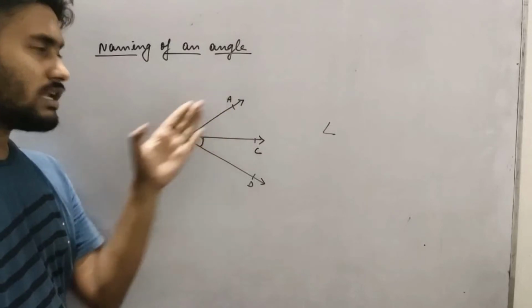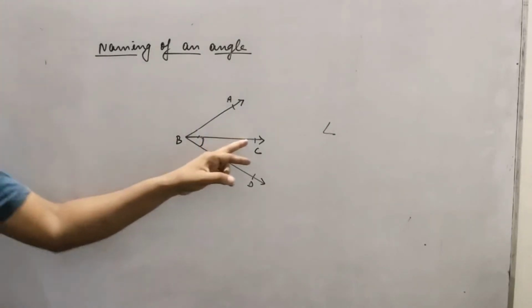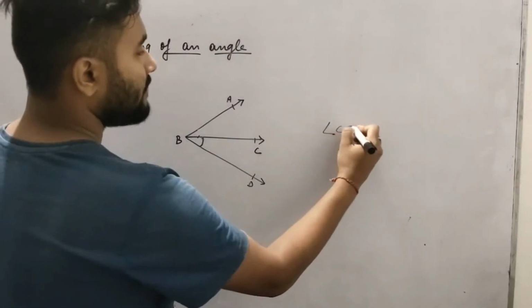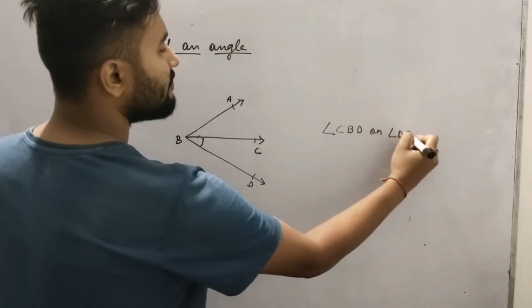BC and BD. It is not touching A. So you have to start from either C or D. So the angle will be angle C, B, D, or angle D, B, C.